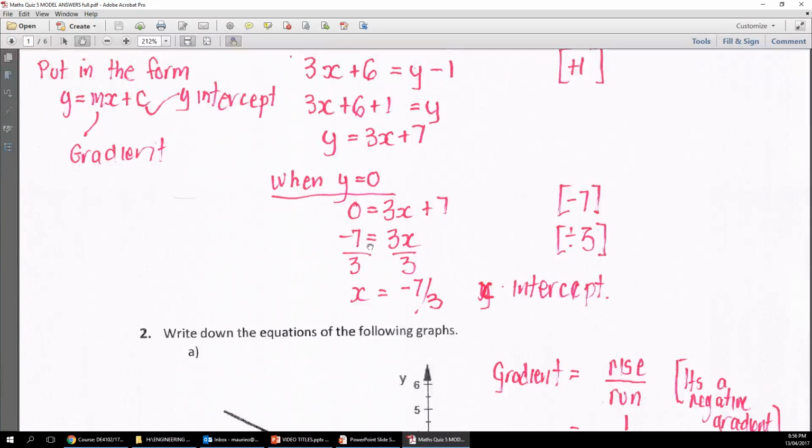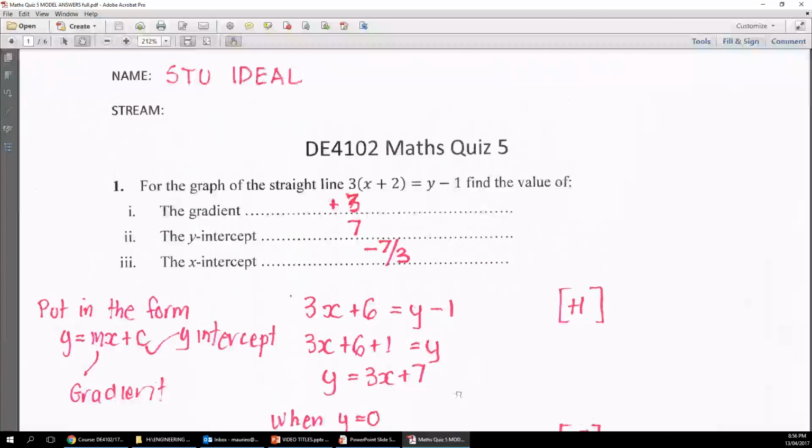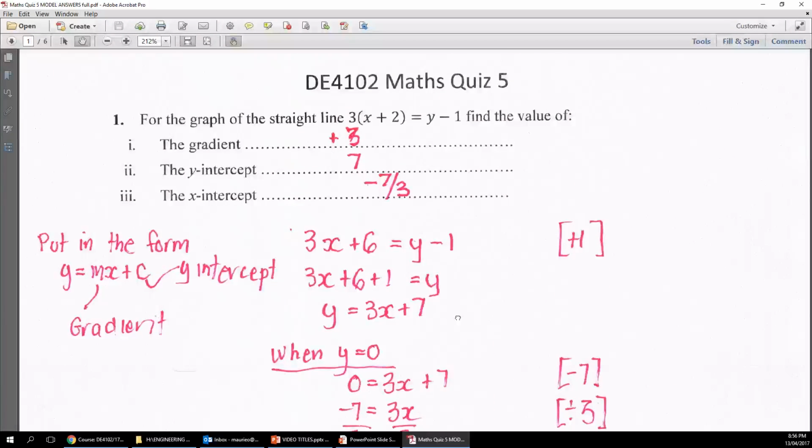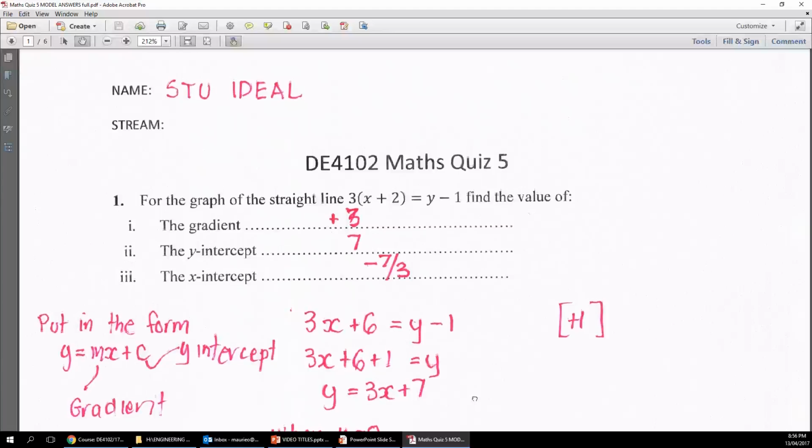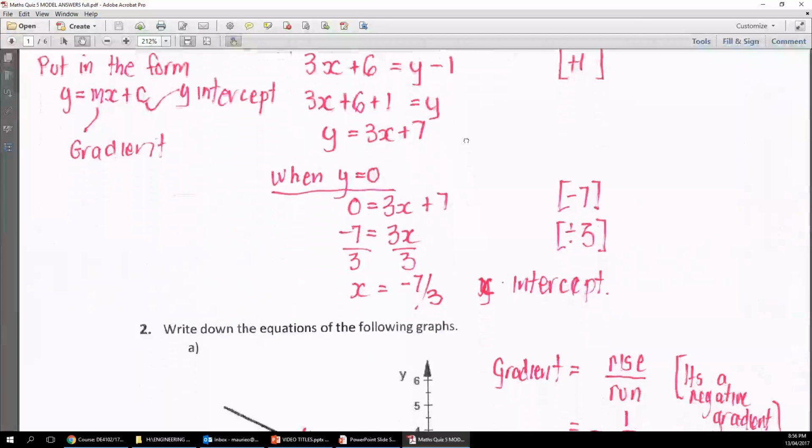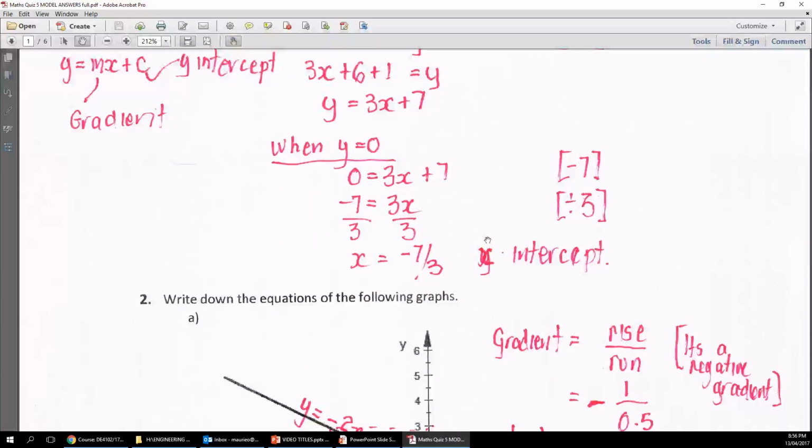We get negative 7 equals 3x. We don't want 3x, we just want 1x. So let's divide both sides by 3. What we do to one side, we must do to the other. And there we get x equals negative 7 over 3. And there you are, we have filled in all the answers. And that's worth a number of points.